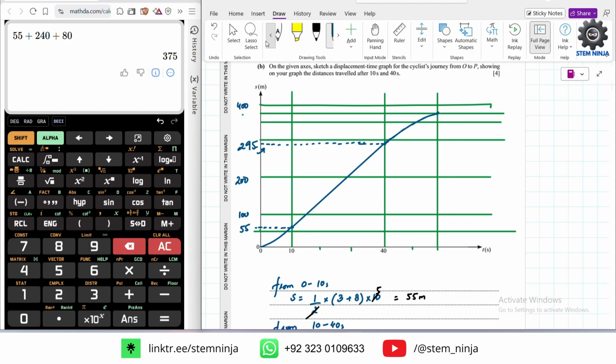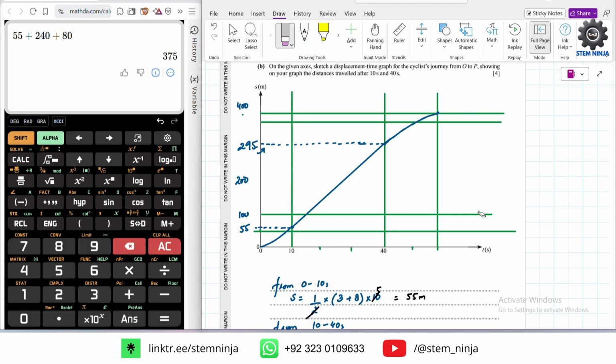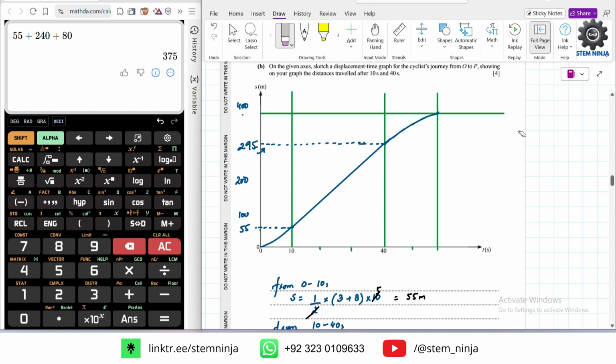Now we can erase the lines. We don't need this, we don't need this, we don't need this either.